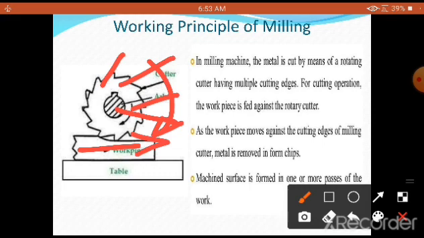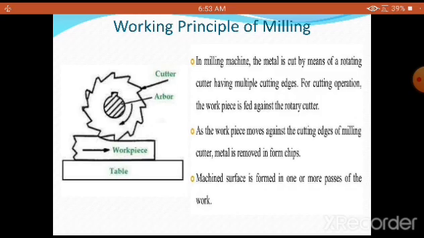The workpiece is directly clamped on a work table, so the feeding is given with the help of a handle. As the feed is given, the cutter mounted on the arbor keeps rotating, and it is possible to reduce the height here.